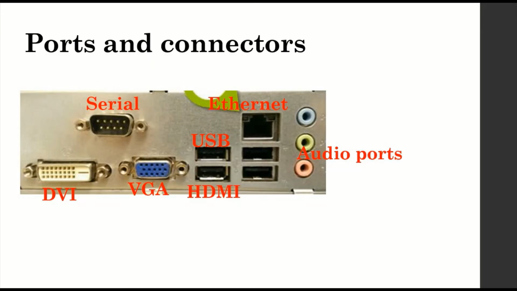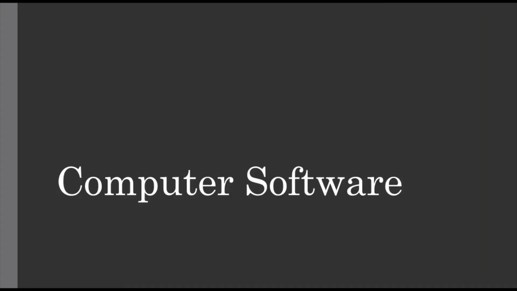The last one is called HDMI, which we already discussed. HDMI is used to connect your computer with a projector, a TV screen, or any other technology that uses HDMI.